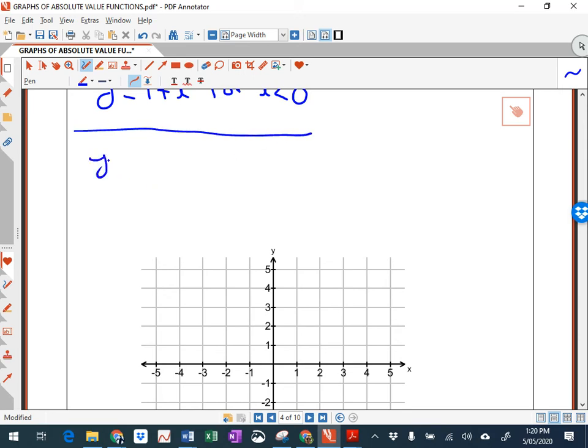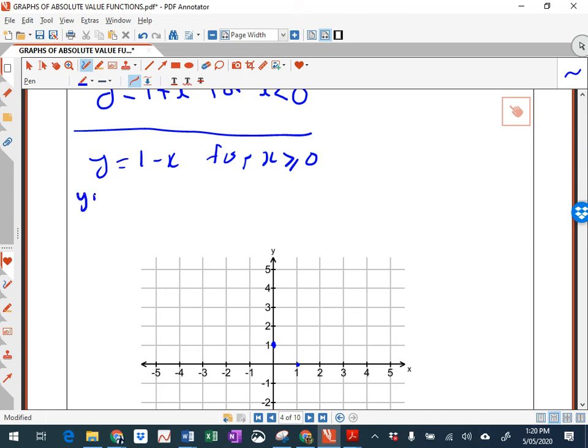So y equals 1 minus x for x bigger than or equal to 0. Okay, well I know that this has got a y-intercept of 1, so I'm going to put a little dot there. And I know it's got an x-intercept of 1. Sorry. It's got a y-intercept and an x-intercept of 1.